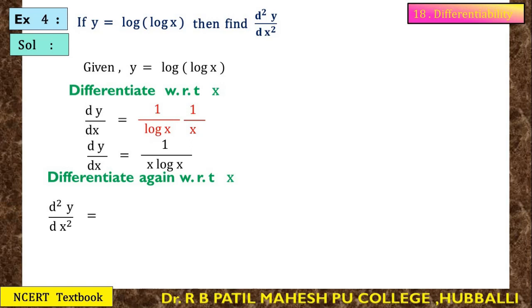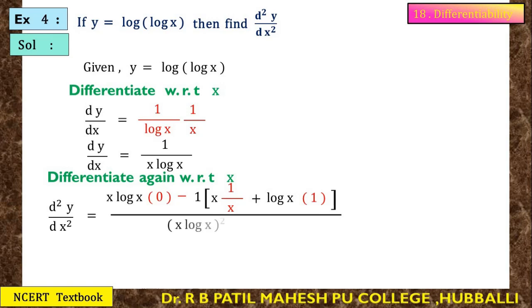So according to the quotient rule, first the denominator function x log x as it is, derivative of 1 is 0, that is the numerator function, minus, now 1 as it is, what is the derivative of x into log x? To write that one you have to use the product rule. So by the product rule, keep x as it is, log x derivative 1 by x, plus log x as it is, x derivative is 1, whole divided by the square of the function, that is x log x whole square.